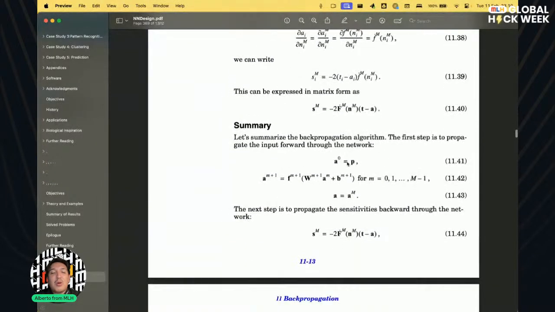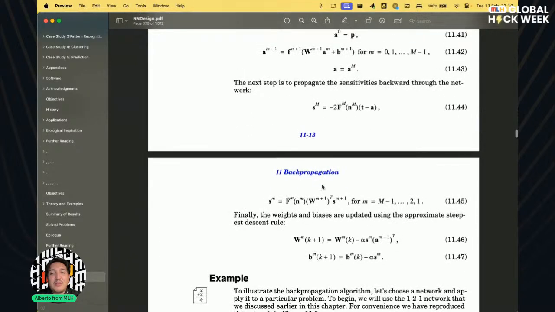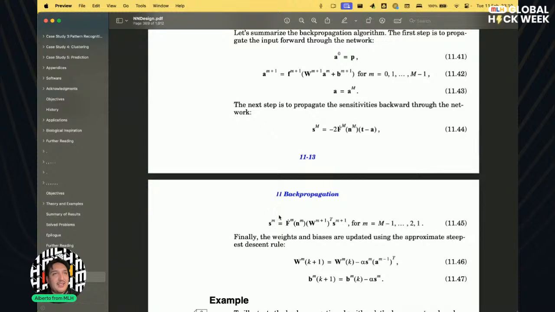Again, many more maths. They define a sensitivity value for the general layers and one specifically for the last layer, the first sensitivity we're calculating, because remember we pass forward and now we are going backwards. For calculating the outputs, we get the inputs, calculate the first layer output, pass it to the second layer to calculate the second layer output, and then the third layer output. Now we calculate the sensitivity of this last layer, and we start back propagating.